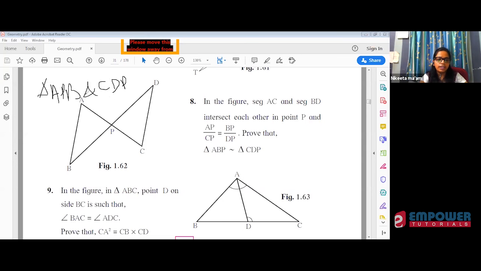You have to prove that these two are similar. So AP upon CP is equal to BP upon PD. This is given. So two sides are in proportion, and then angle APB is congruent to angle CPD by vertically opposite angles. So by SAS test, these two triangles are similar to each other.